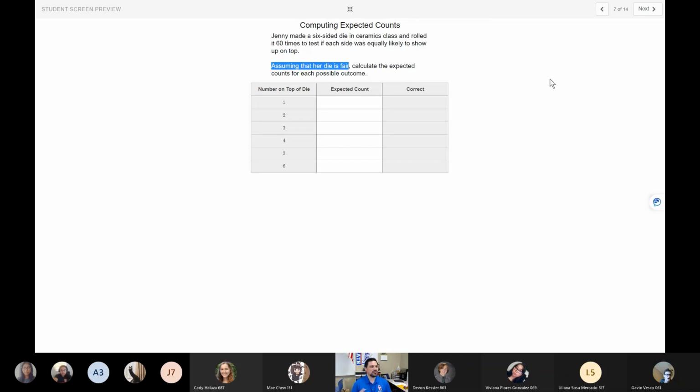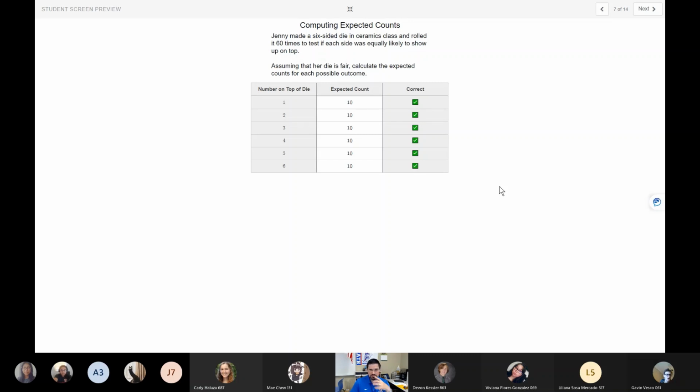So that means the 60 rolls should be split equally among all the sides. We just divide 60 by 6, or 60 times 1/6, and we get 10 as the expected count for each side.